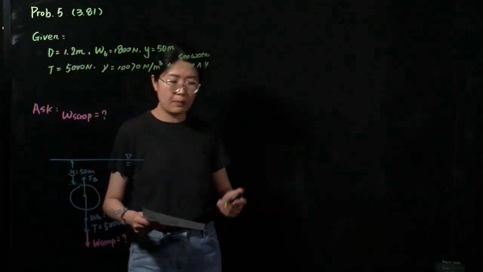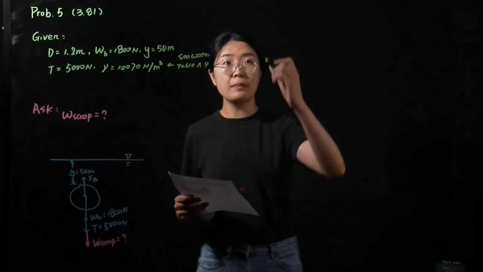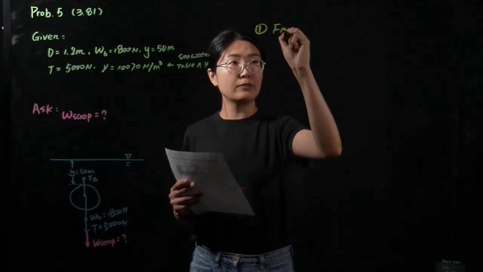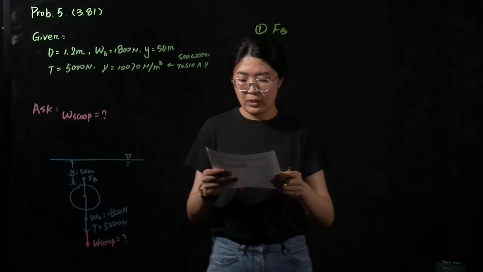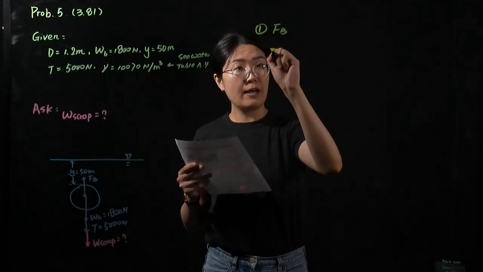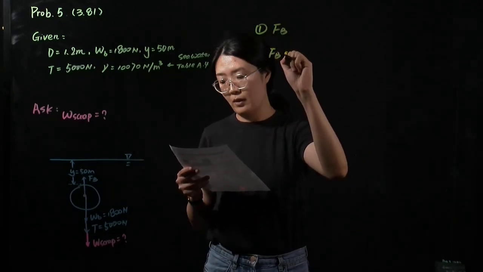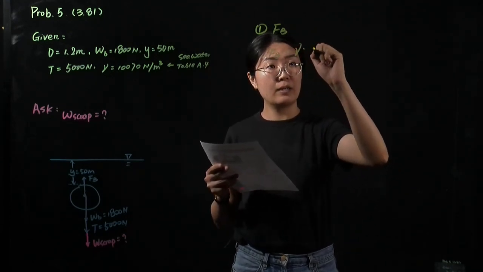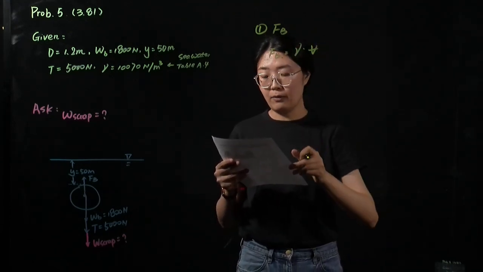So to solve this problem, first we need to determine the buoyant force. So the FB equals the specific weight of seawater times the volume of the sphere.